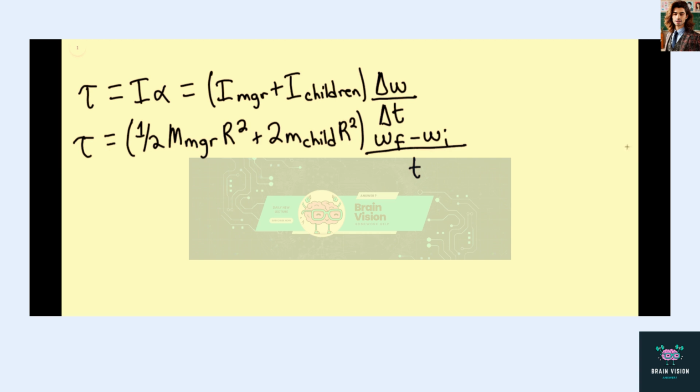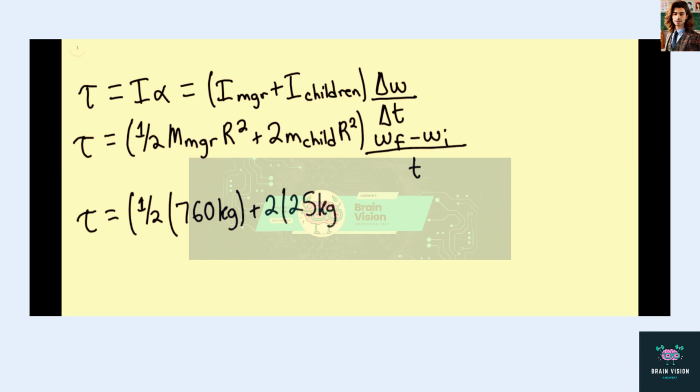And now we can solve. So the torque would be equal to 1/2 times the mass of the merry-go-round, 760 kilograms, plus 2 times the mass of a child, 25 kilograms, multiplied by 2.50 meters squared.